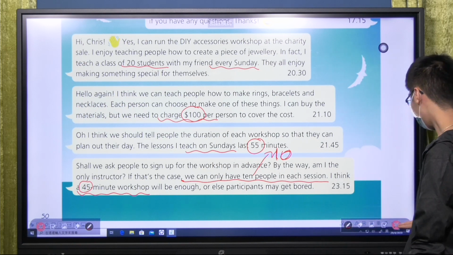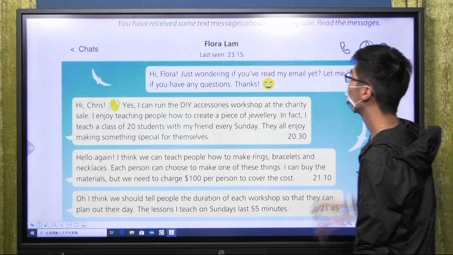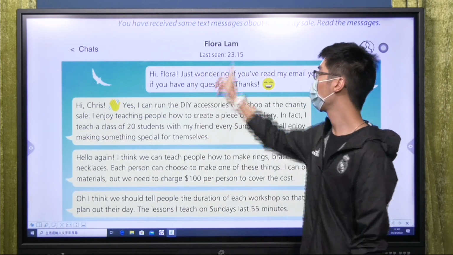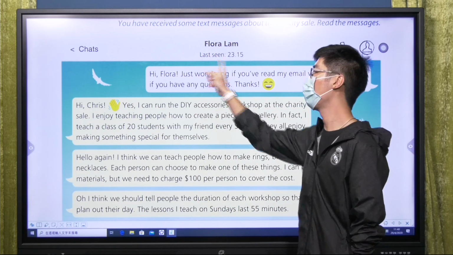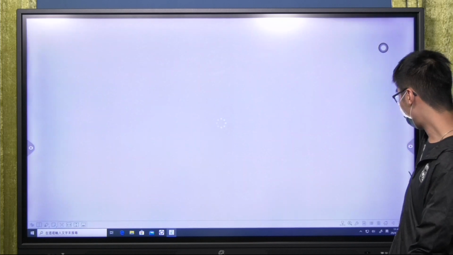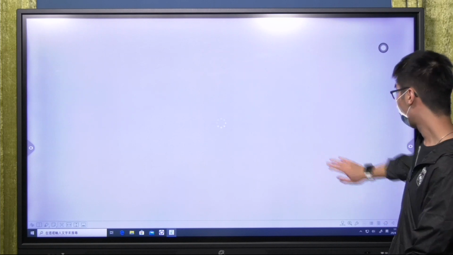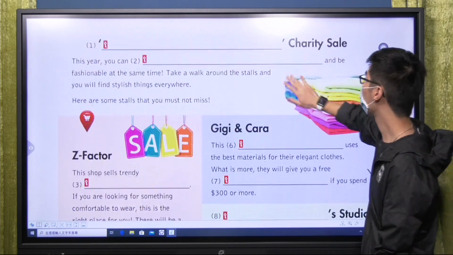And then the most important part is that the name of the instructor is what? Flo Lamb. Just copy down Flo Lamb. You can find the answer from the data file if you look carefully.